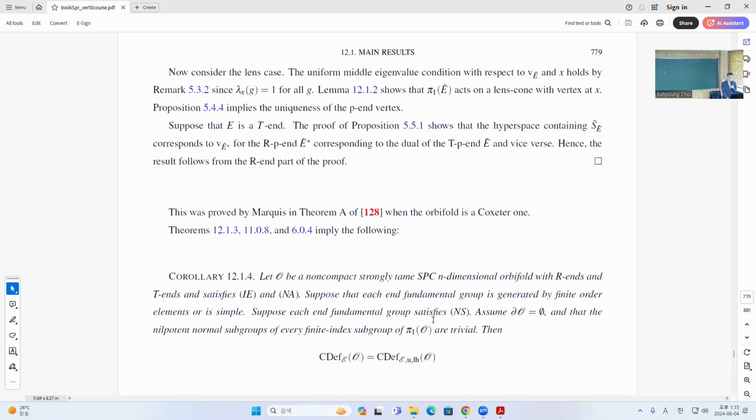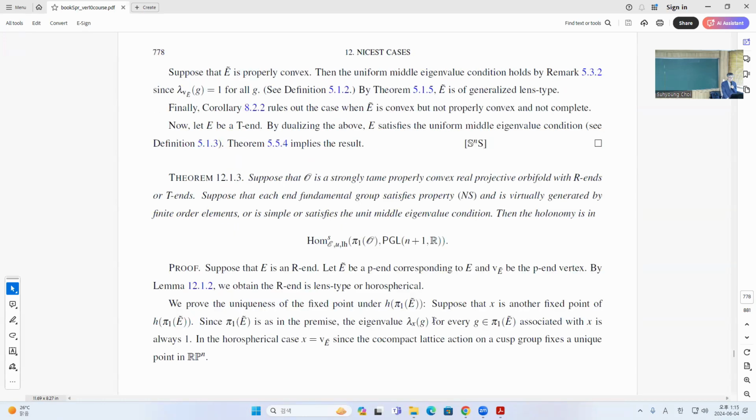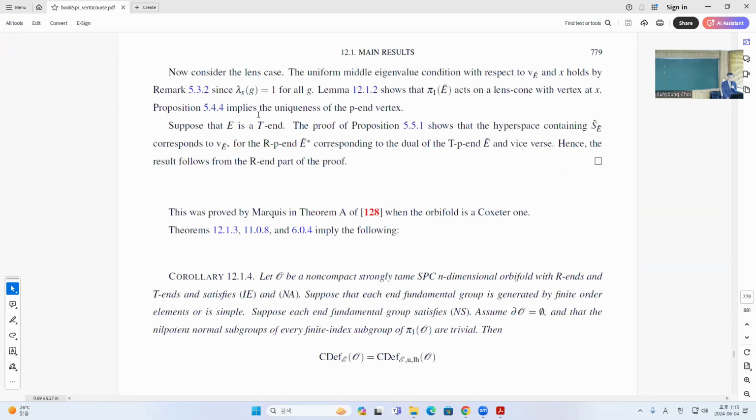And in the lens case, the uniform eigenvalue condition with respect to x or some other point might hold. If it's a global fixed point, I mean the stationary point, then this will be one for all g.